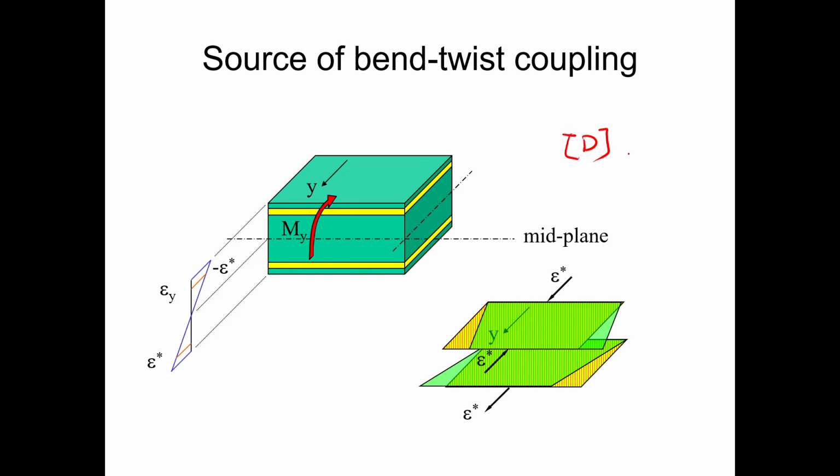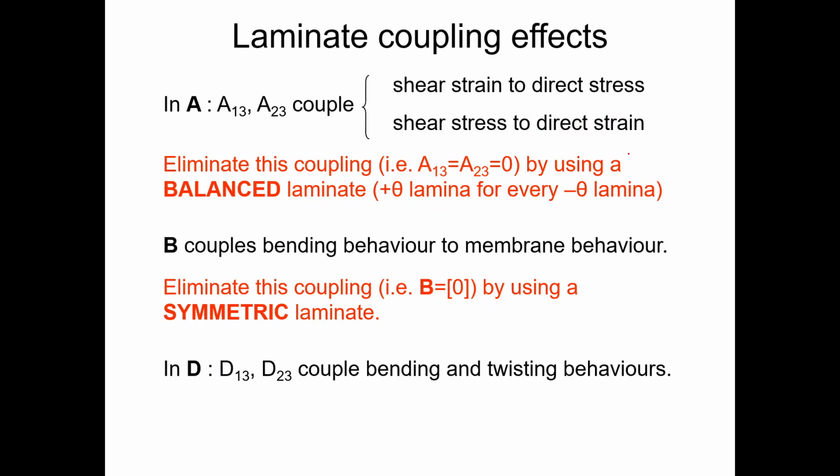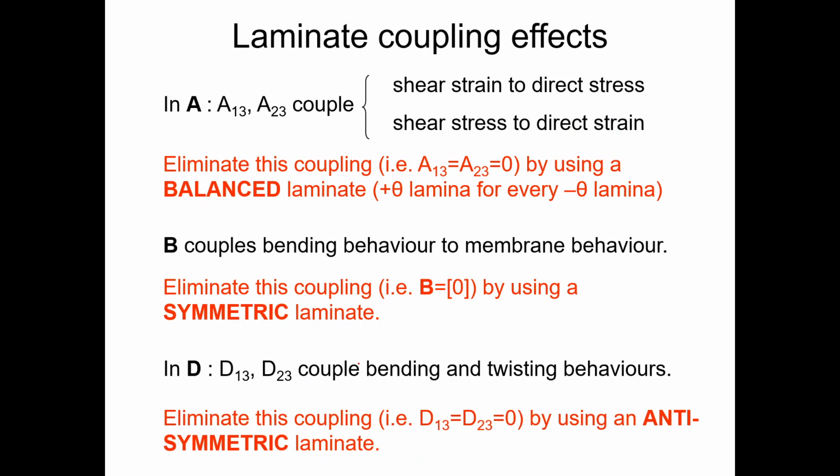It's not 0. To eliminate this coupling, if you try to substitute values, you will find you want to use an anti-symmetric laminate. This is particularly useful in scenarios where you typically have bending and twisting happening.